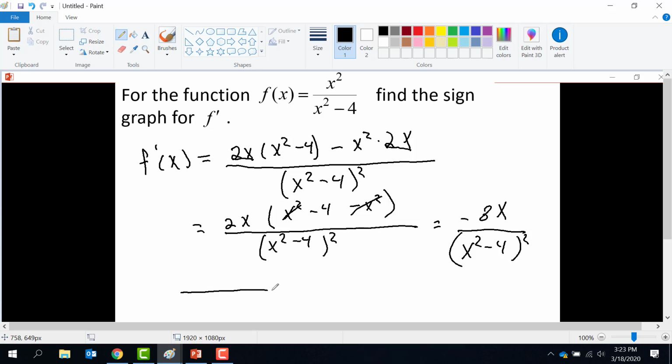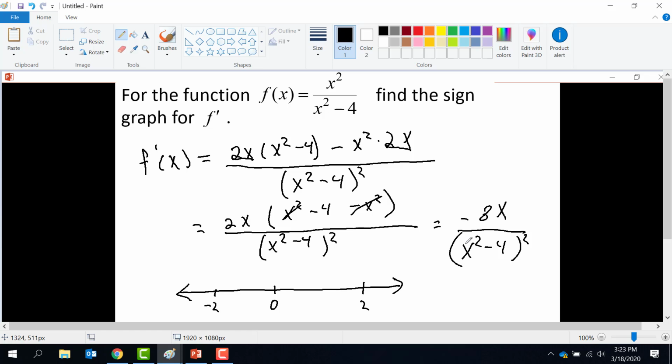Again, our critical points are numbers that make the derivative 0 or undefined. The derivative is undefined at plus or minus 2, and it's only 0 at 0. The only way to get a fraction to be 0 is if the numerator is 0.